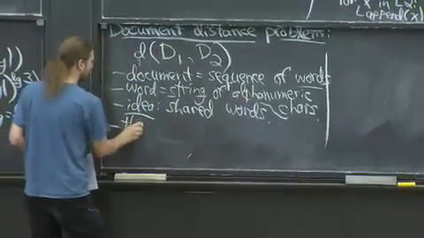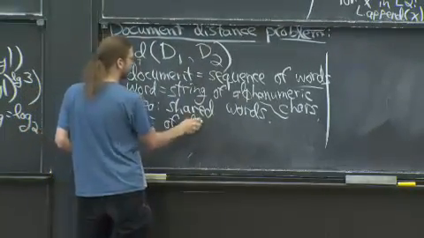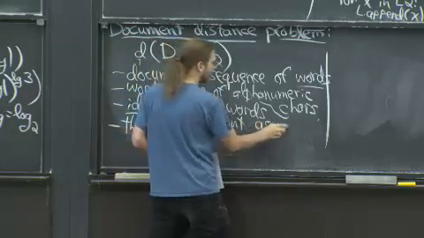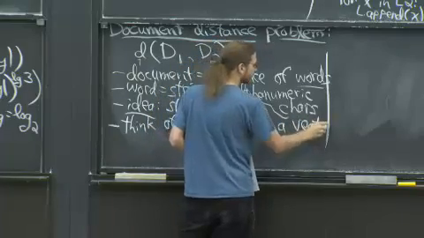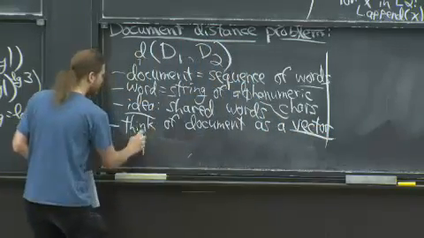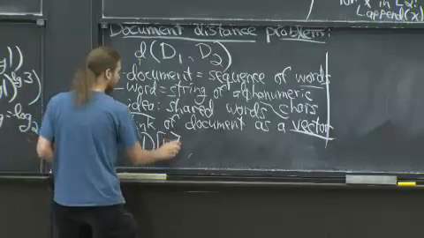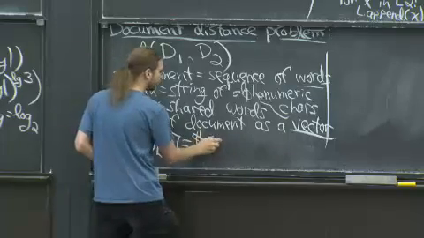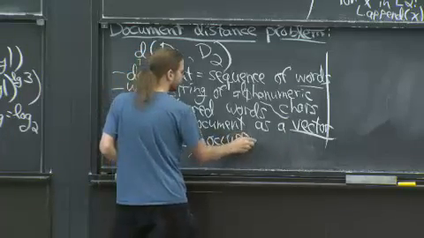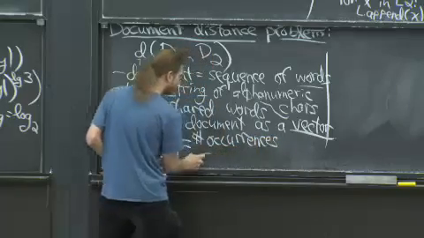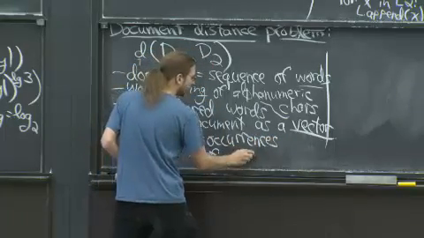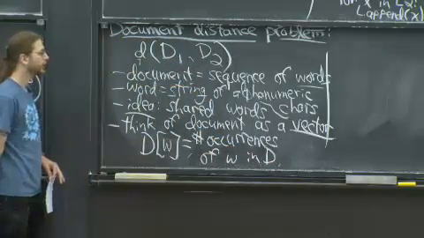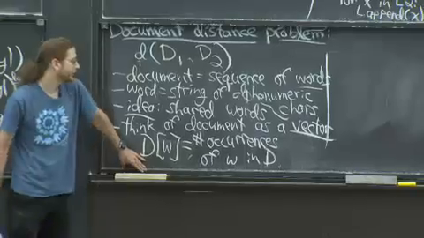So I'm going to think of a document as a sequence of words, but I can also think of it as a vector. If I have a document D and a word W, D of W is going to be the number of occurrences of W in the document D. So it's a non-negative integer.